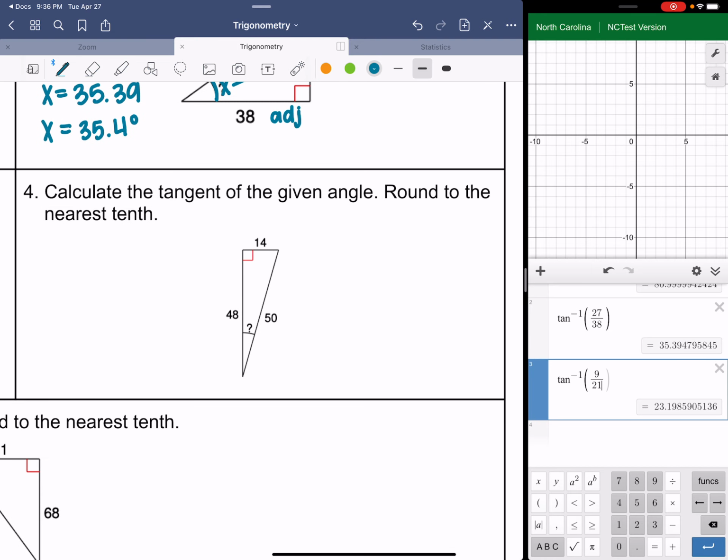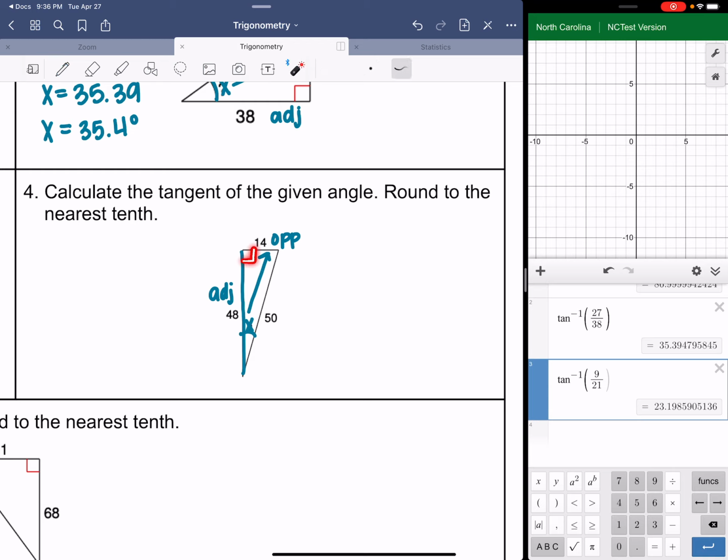In number 4, we have all three angles, but we're told to use tangent inverse. So directly across from angle x is the opposite side. The adjacent side is the one that connects to angle x, but is not the hypotenuse.